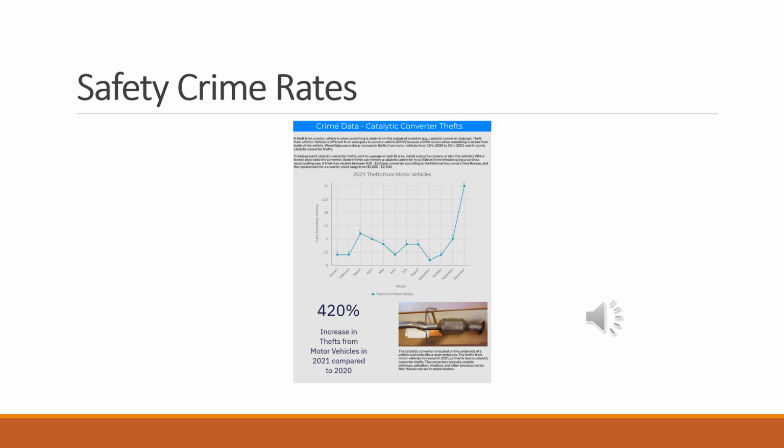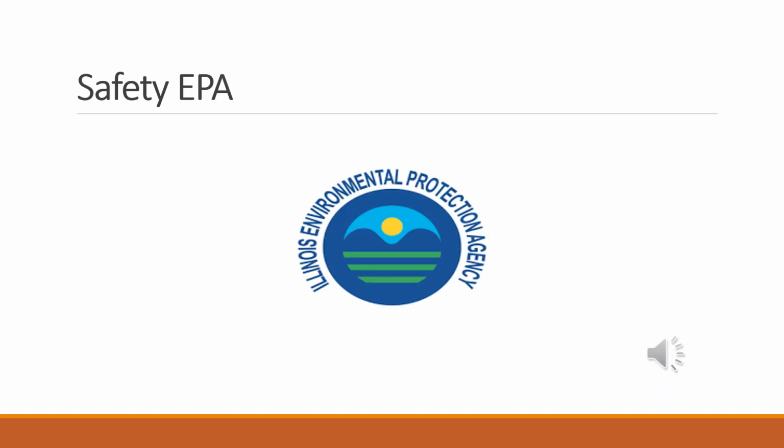Actually, you can remove a catalytic converter rather quickly, and thieves can get $50 to $250 per converter, and it can cost you from $2,000 to $2,500 to get it replaced. So as you can see, the theft from a car in Woodridge has gone up 420% from 2020 to 2021.